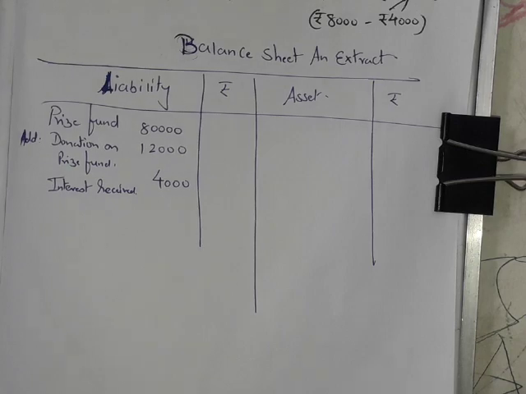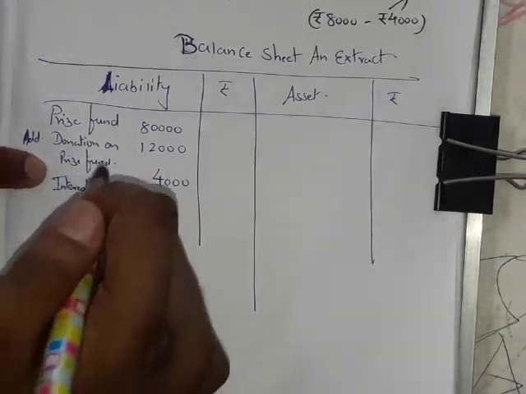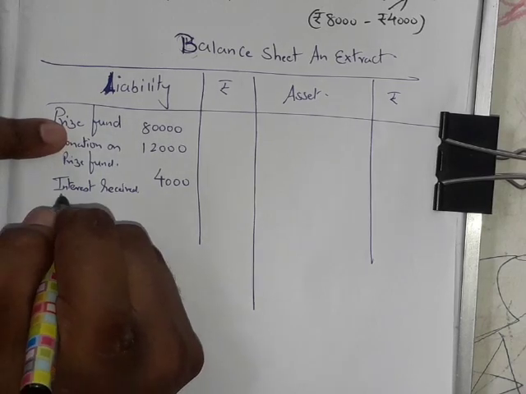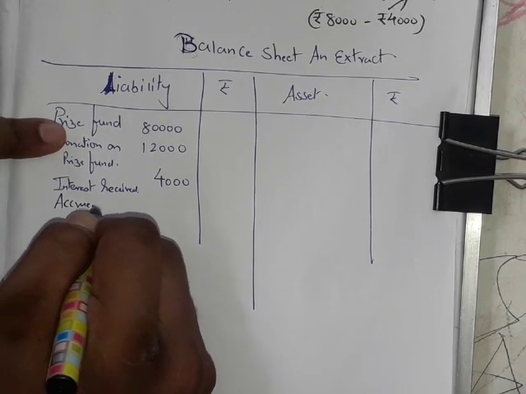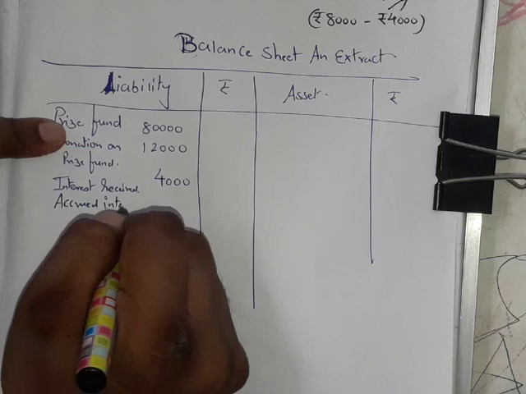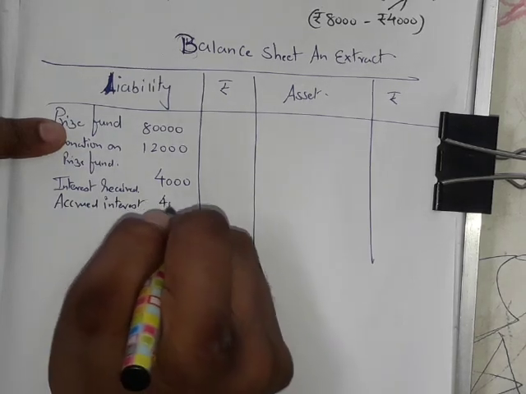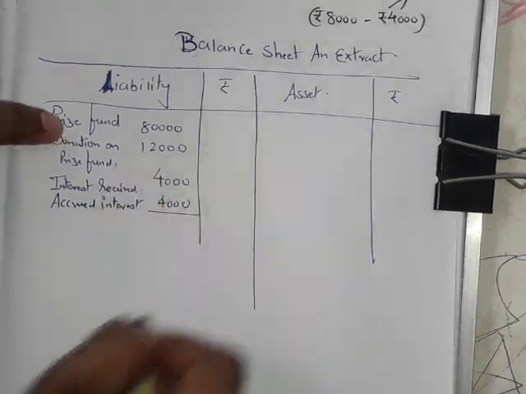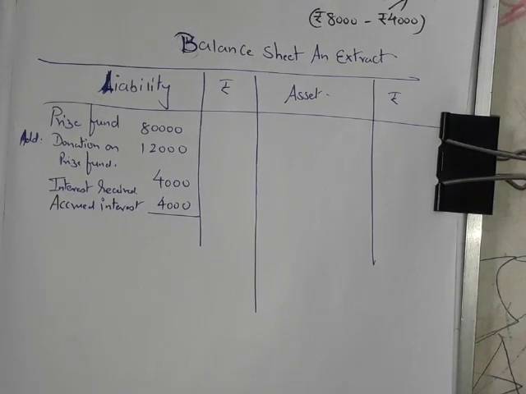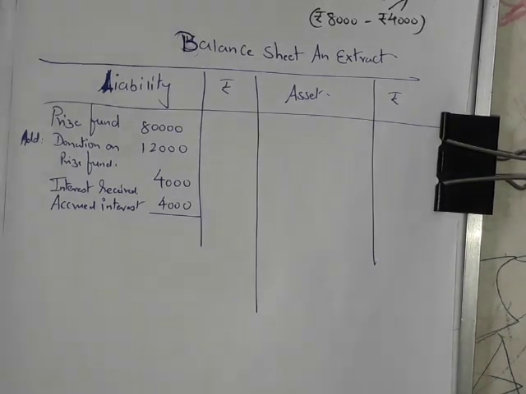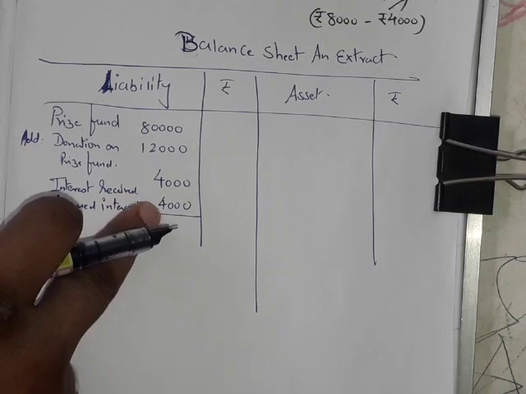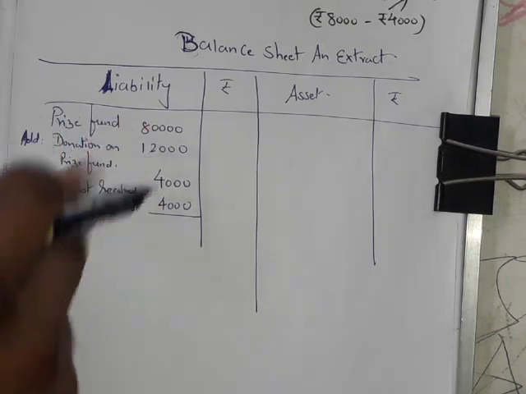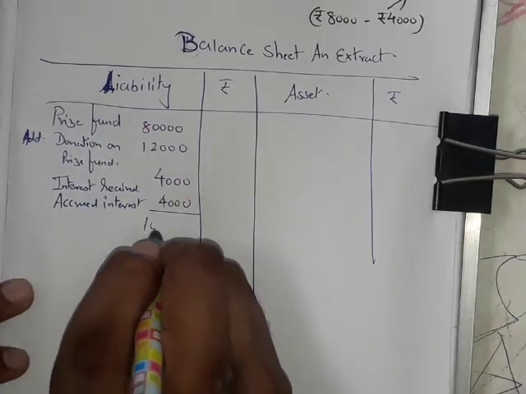To this, you will also take into account the accrued interest. How much is the value? 4,000. All this, if you add, you will get an amount of rupees 1 lakh. 4 plus 8 is 12, 12 plus 8 is 20, 20 plus 8 is 1 lakh rupees.